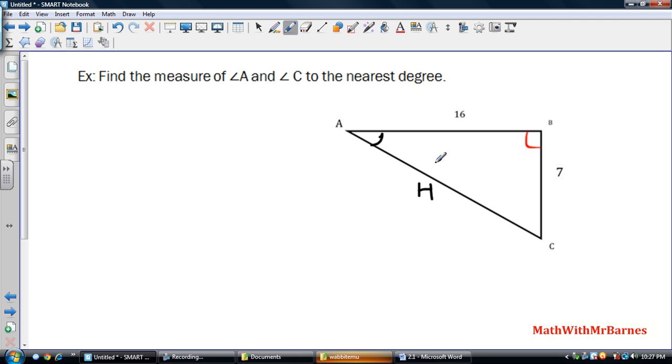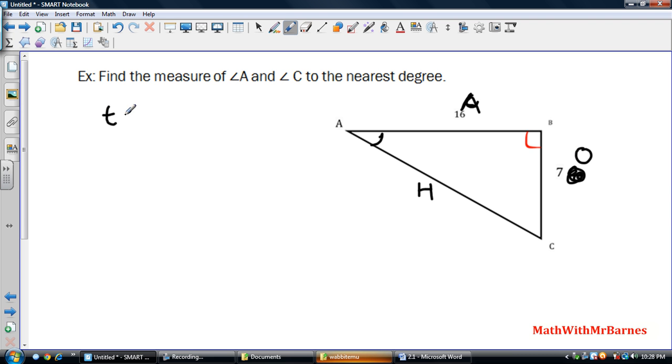We could find it with Pythagorean theorem, but we don't want to do any extra work that we don't have to. No, sorry, this is the adjacent side, and this is the opposite side. Because I have the adjacent and opposite side given to me, that lines up for tan.